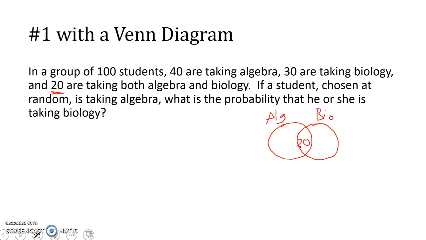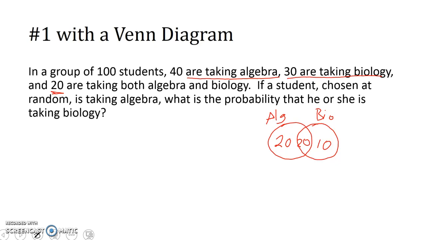But there are 40 students who are taking algebra. So if we already have 20 in this part of the circle, that means there's got to be 20 outside of that intersection of those two circles. The other thing that we know is that there are 30 people taking biology, and we already have 20 in the circle. That means that there has to be 10 outside of the circle.